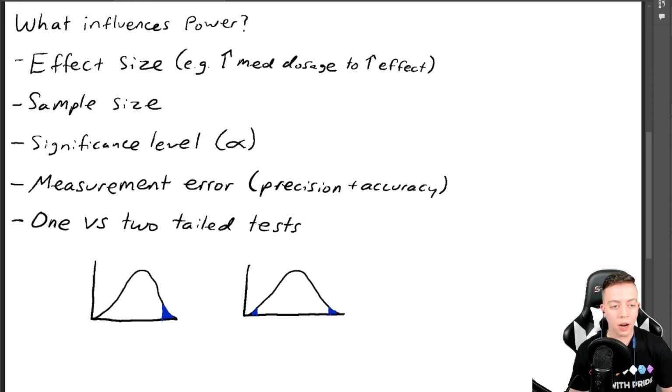And then finally, and I'll get into this in other videos because I think this one's hard to wrap your mind around, one versus two-tailed tests. And I have the graphs here. The one on the left is the one-tailed test, and the one on the right is the two-tailed test.